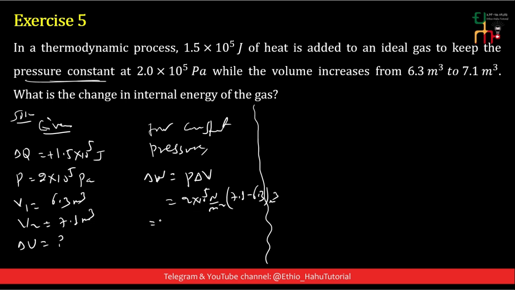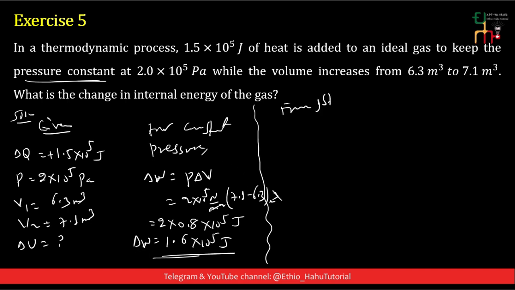This is equal to 2 times 0.8 times 10 to the power of 5. Meter square goes with meter square, and we are left with 1 meter. Newton meter is joule. This is equal to 2 times 0.8, which is 1.6 times 10 to the power of 5 joule. This is work done by the gas.